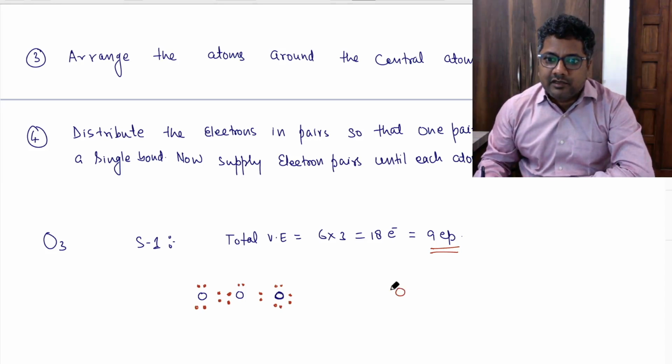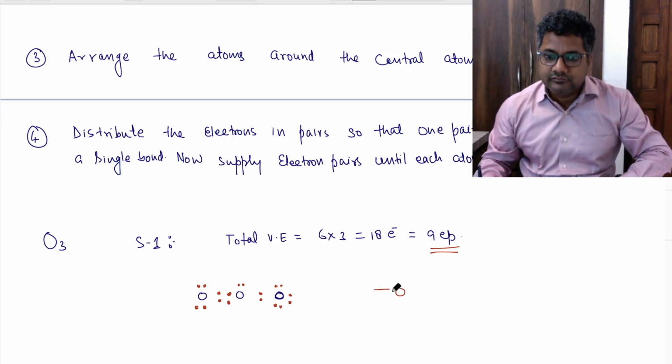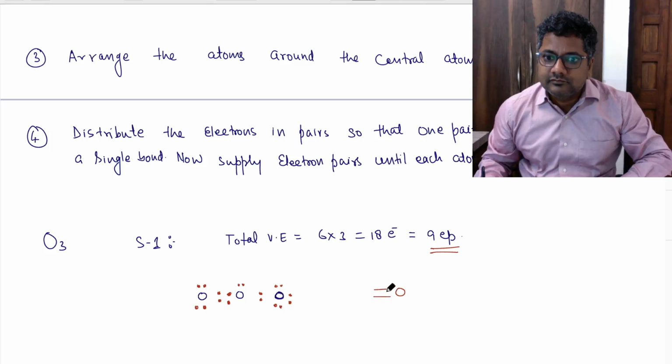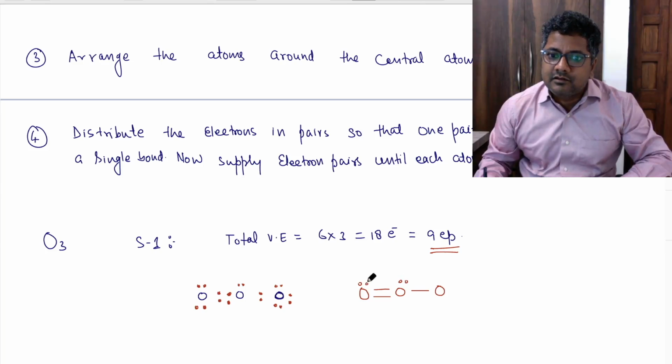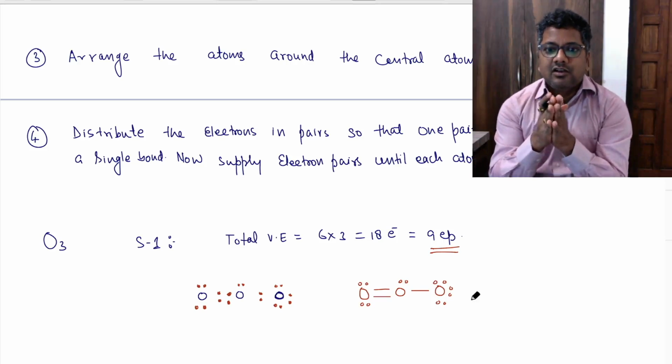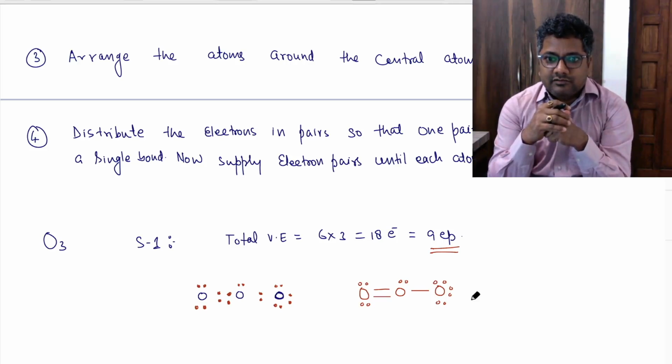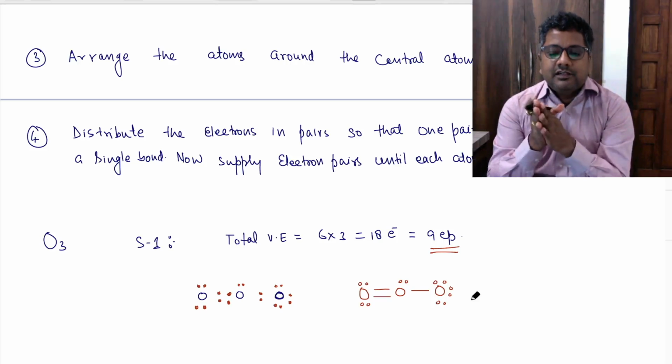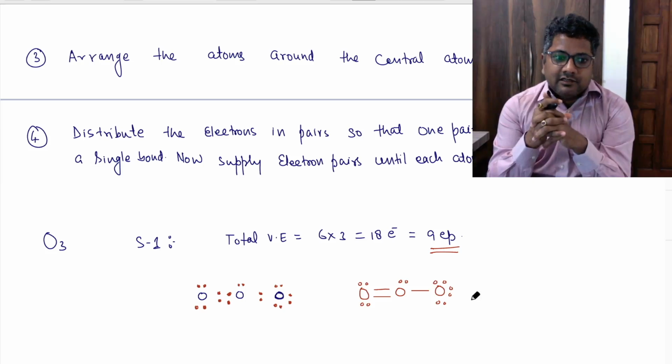Now you can put a bond. So O double bond O, and single bond O, and one lone pair here, 2 lone pairs here, and 3 lone pairs here, right? So this is the Lewis structure of the ozone molecule. In this simple manner you can distribute the electrons.